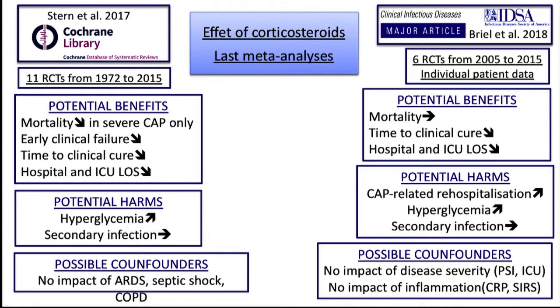They also show a few potential harms, an increase in CAP-related rehospitalization, an increased rate also of hyperglycemia, but still no effect on secondary infection. And importantly, they show no impact of disease severity and no impact of inflammation as measured by CRP or SIRS criteria on the results of the meta-analysis.